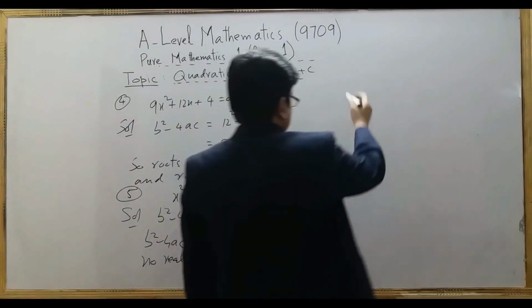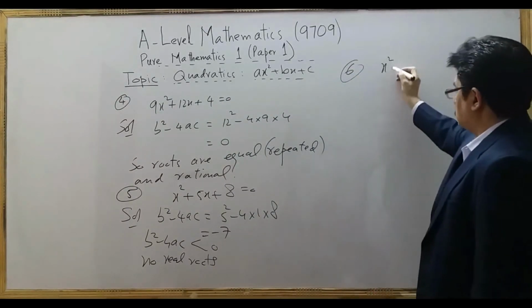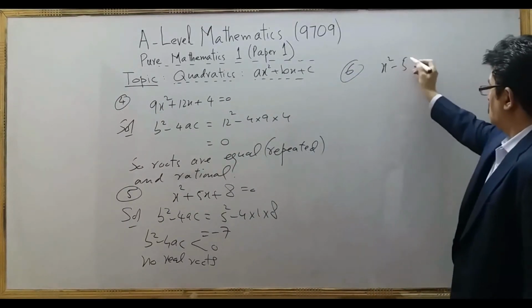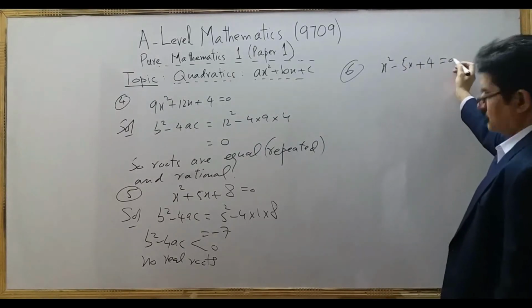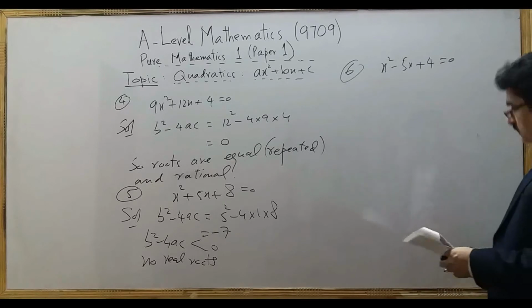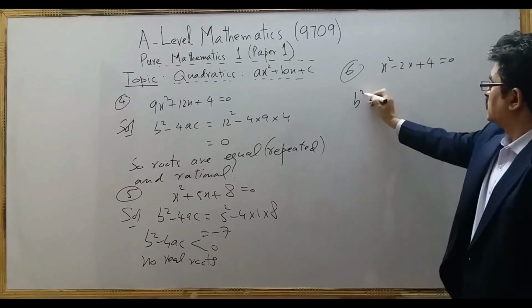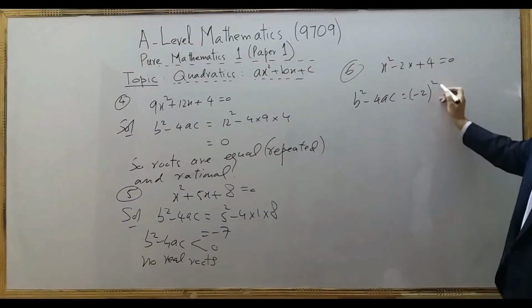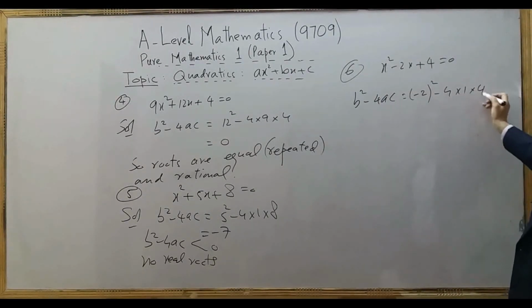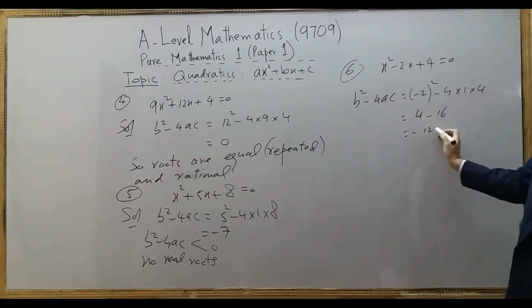Now see another example. Example number 6, which is x square minus 5x plus 4 equal to 0. Or you have here 2. So b square minus 4ac is equal to 4 minus 16 and this is minus 12.